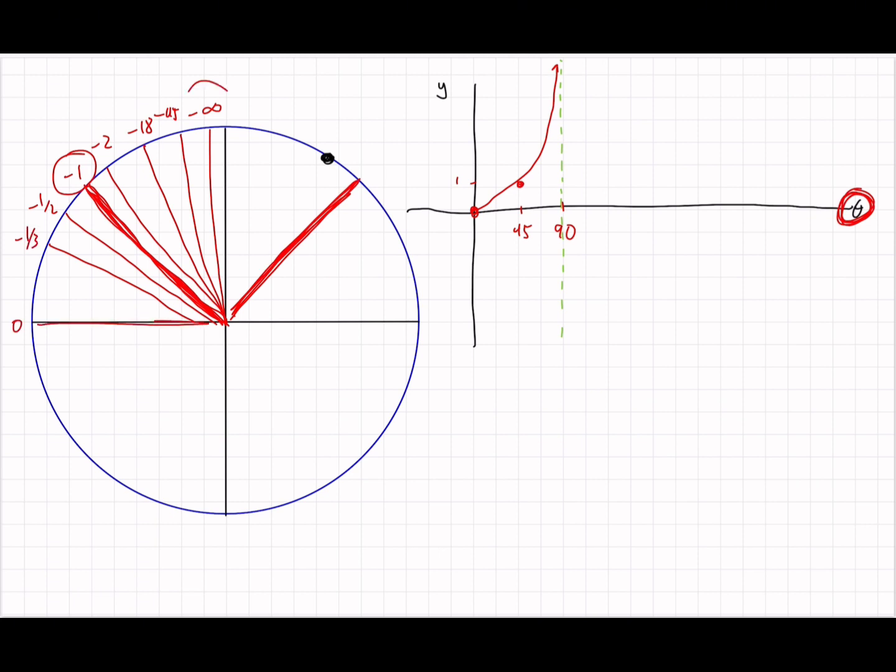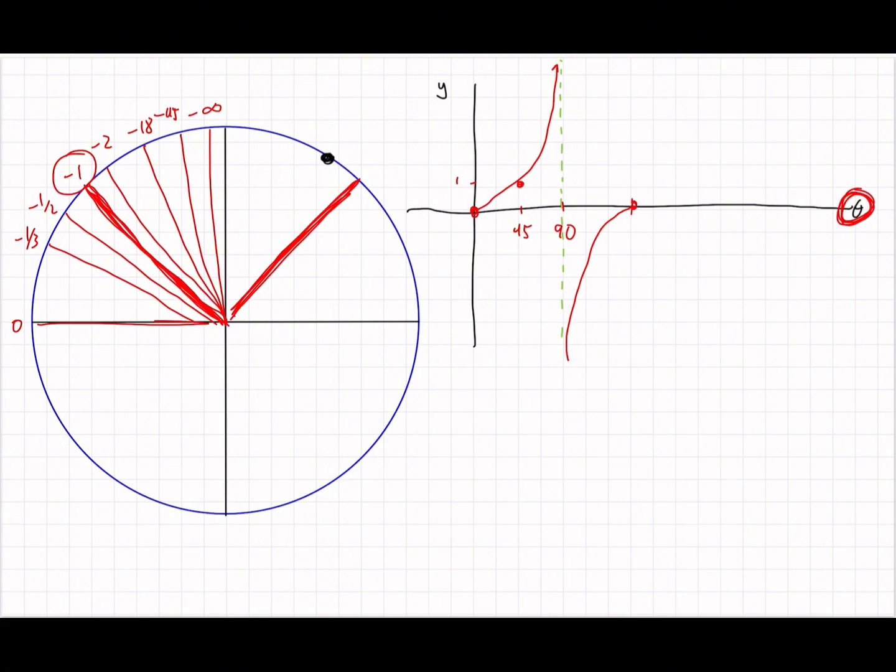So from negative infinity, our slope values, our tangent values, have actually increased, right? From negative infinity to 0, it's an increase. That's what we mean when we say the graph has increased. Tangent is always an increasing graph, right?